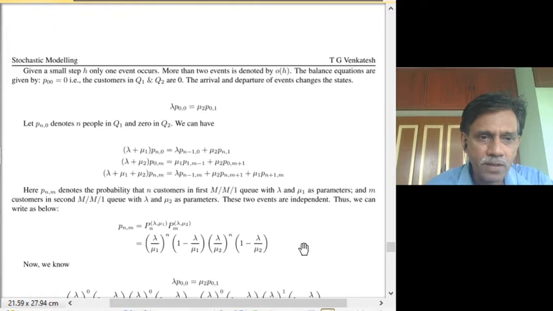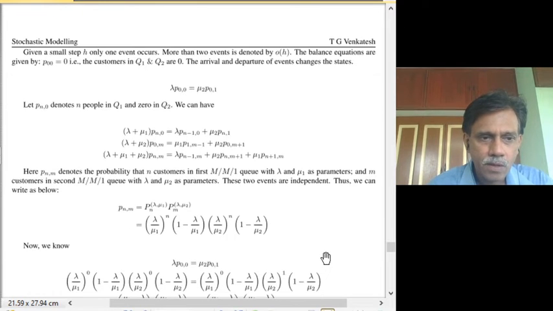In the case of the first equation, you will see whether lambda into P00 is equal to mu2 into P01. So you will see that P00 is lambda by mu1 power 0 into 1 minus lambda by mu1 into lambda by mu2 power 0 into 1 minus lambda by mu2, into a lambda will be there.